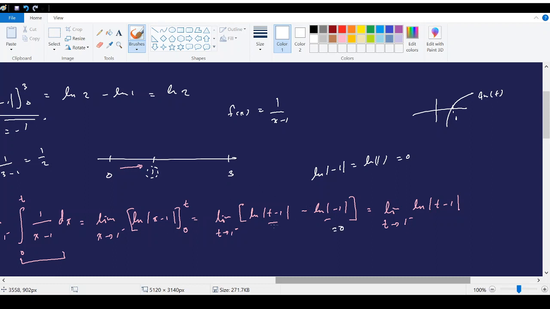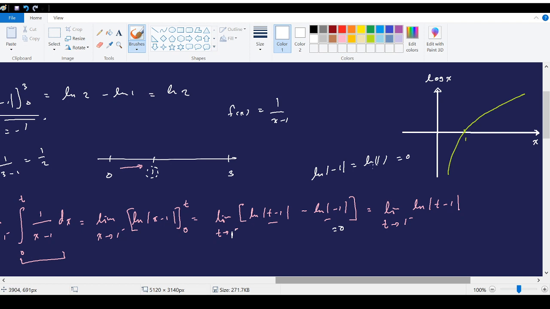And how about this one? The limit as t goes to 1 from the negative side of ln|t minus 1|. What will happen to that? Once again, you can see the diagram of the ln curve. Now, if I draw it more clearly, it will be like this.